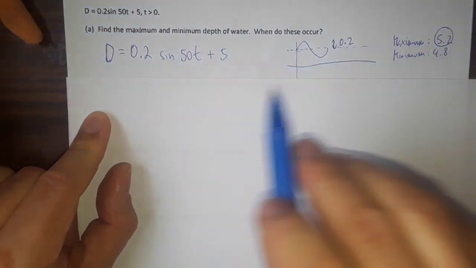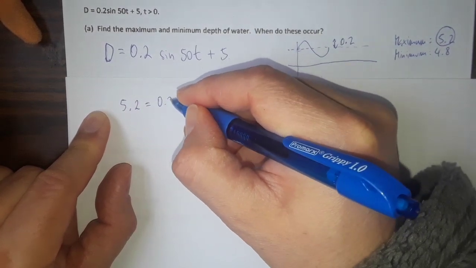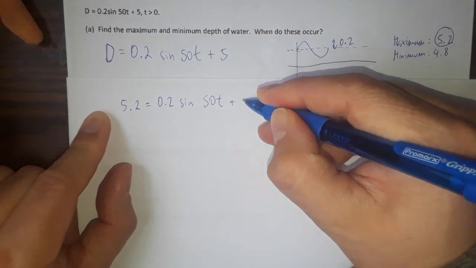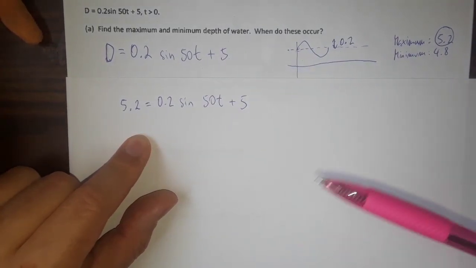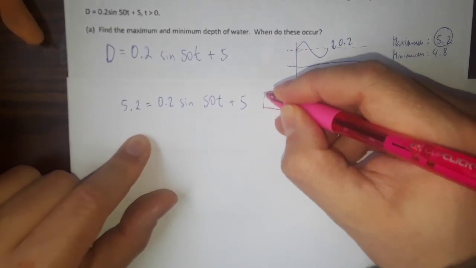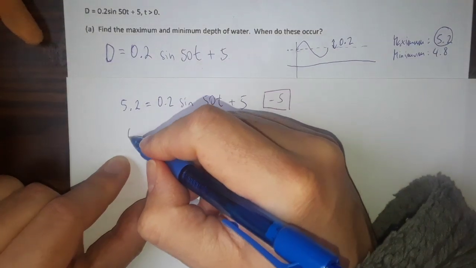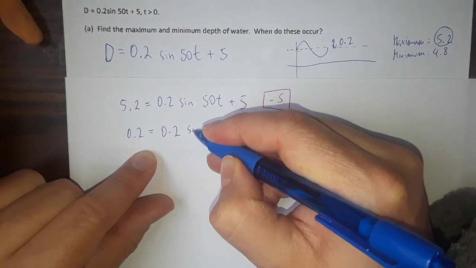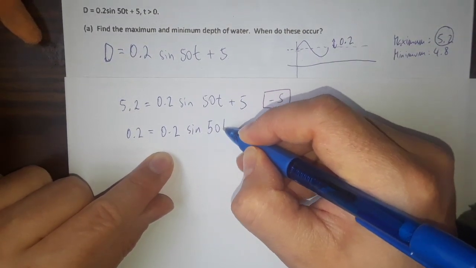We substitute 5.2 in here, so we have 5.2 equals 0.2 sine of 50t plus 5. How do we solve this equation? Subtract 5 from both sides, so we have 0.2 equals 0.2 sine of 50t.